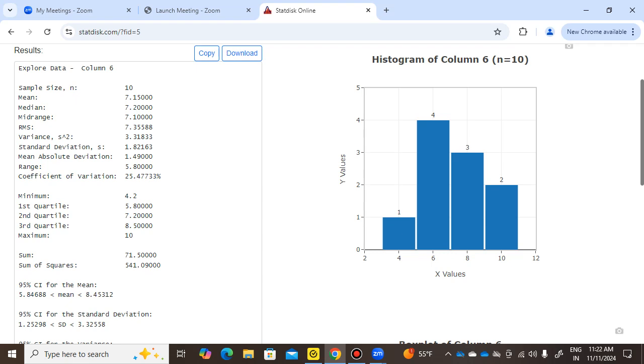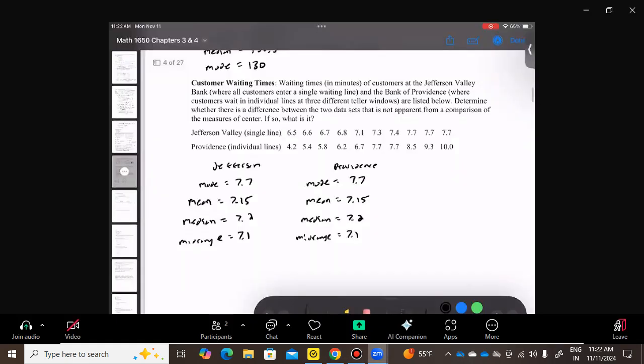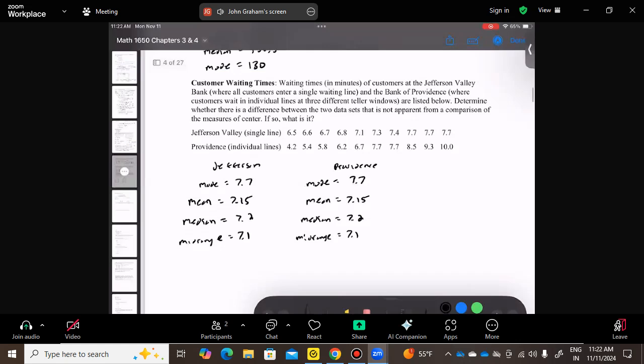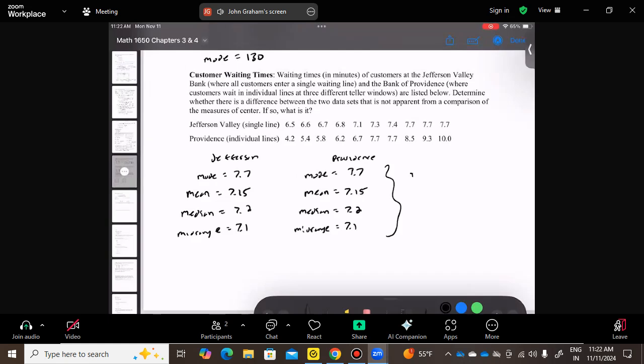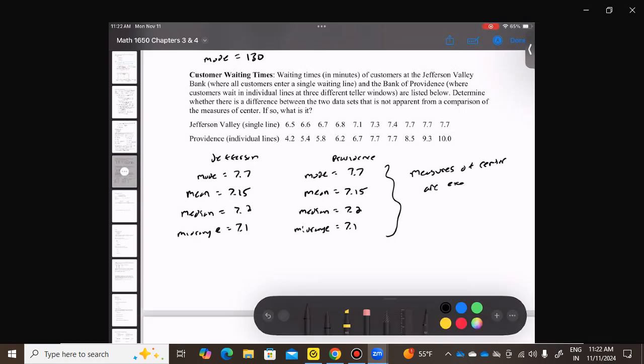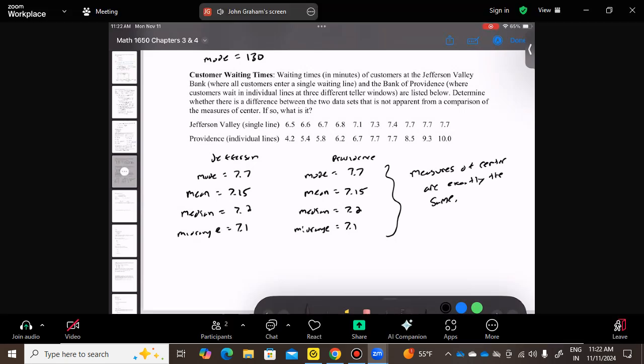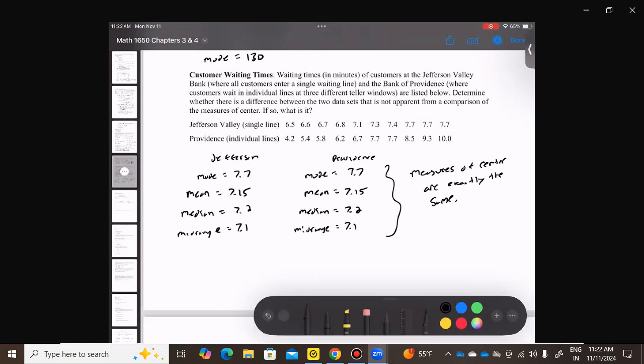Okay. So what we noticed with these is that the measures of center are exactly the same. They all average around 7 or so minutes for a wait time.